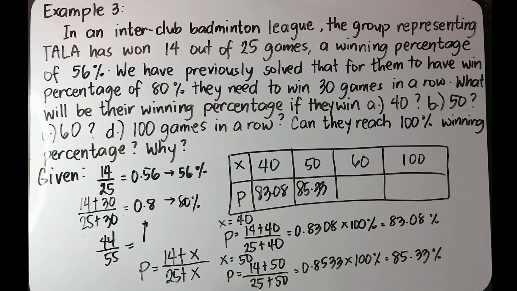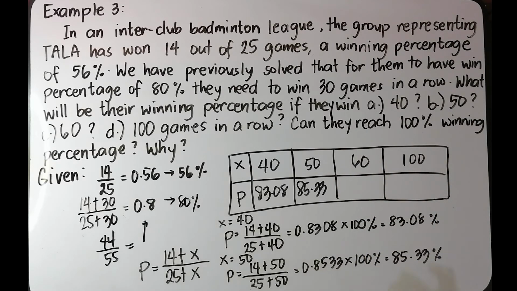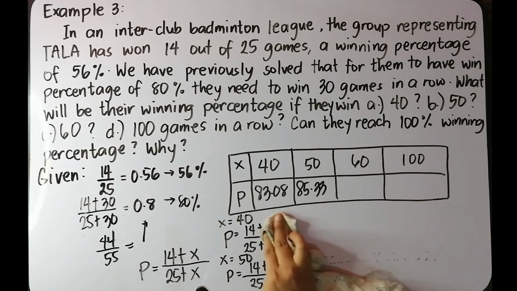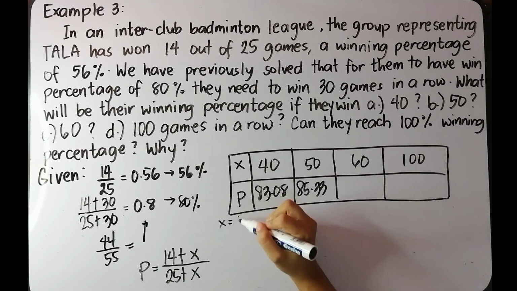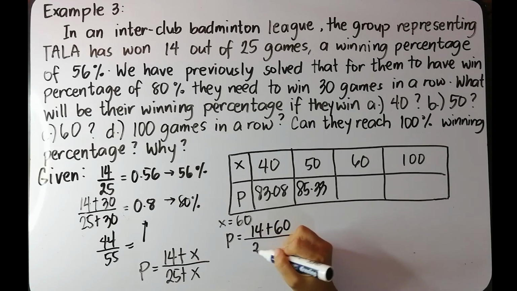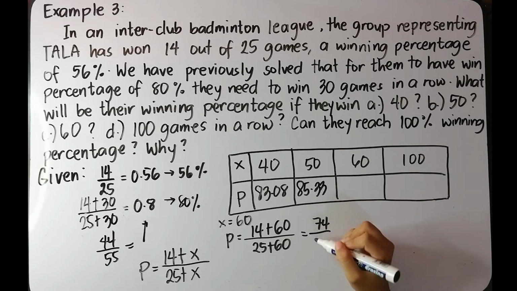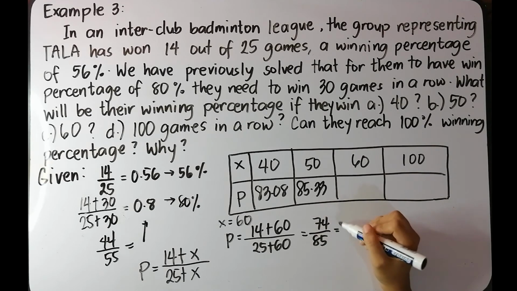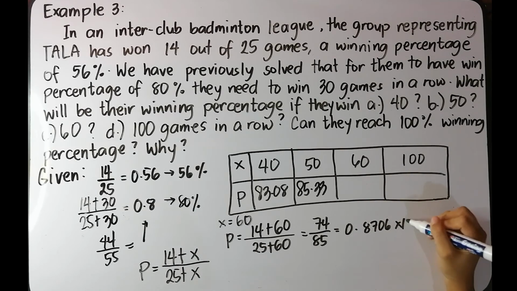And for X equal to 60, we have P equals 14 plus 60 all over 25 plus 60. So we have here 74 over 85, which is equivalent to 0.8706 times 100%, that is equal to 87.06%.